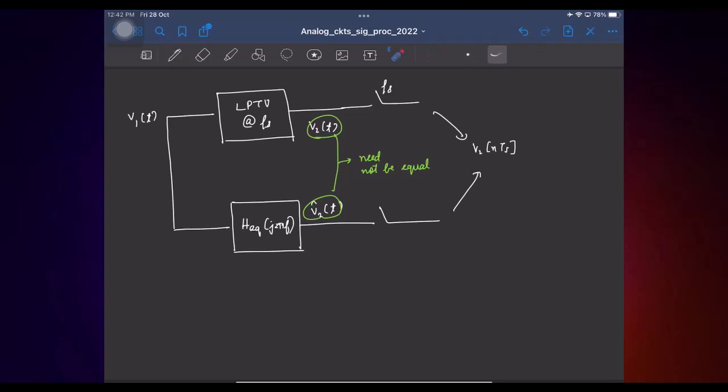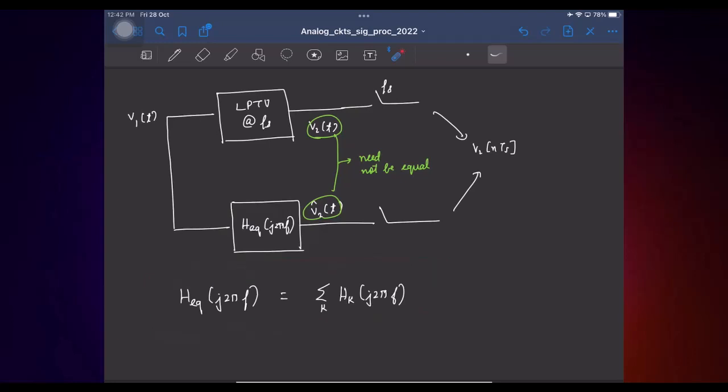Okay, so now this is good, but what is H equivalent of f? What was this? Sum of all the harmonic transfer functions of the LPTV network. So how do you think we can find this? What is one brute force way? The equation is in front of you, right? Find the different Hk.